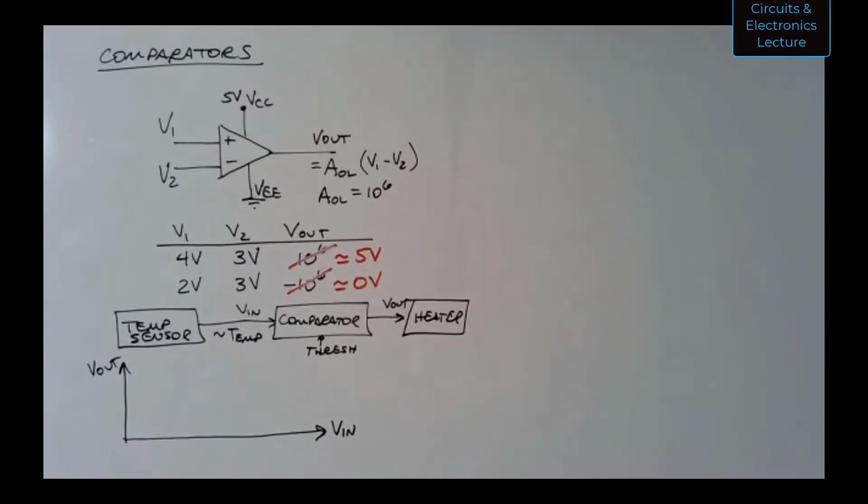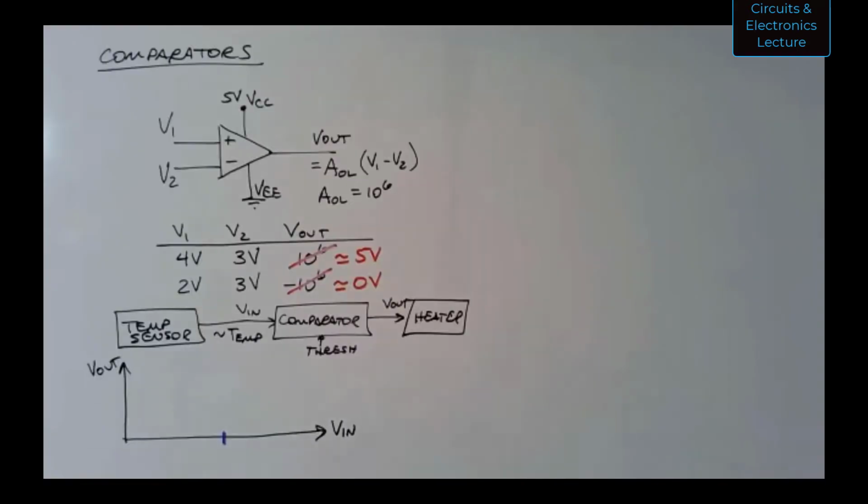Okay, so let's suppose we have some temperature where we want to hold the house, the apartment, whatever, right? And we're going to call that the threshold voltage or the reference voltage, Vref.